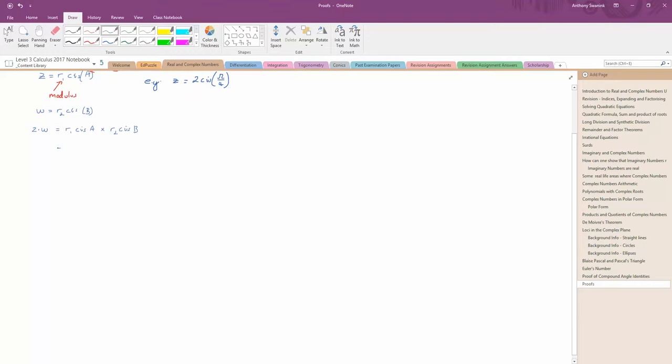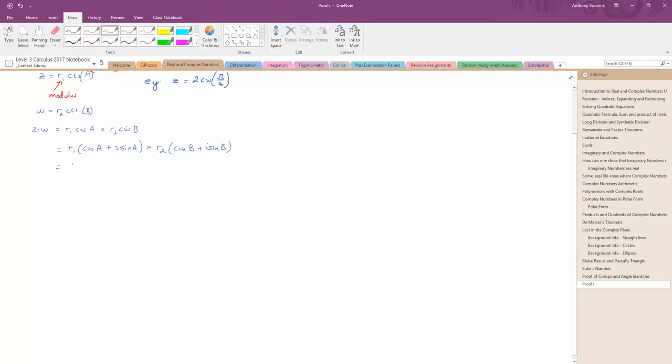So this would be r1 times, cis A is short for the cosine of A plus i times the sine of A, and I'm going to multiply that by this other complex number, which I'm also going to write out in full form: r2 times cosine B plus i sine B.